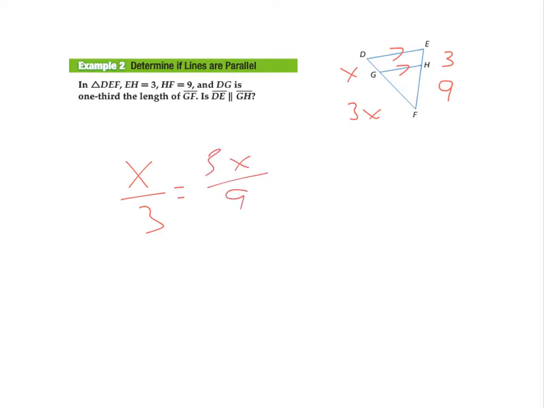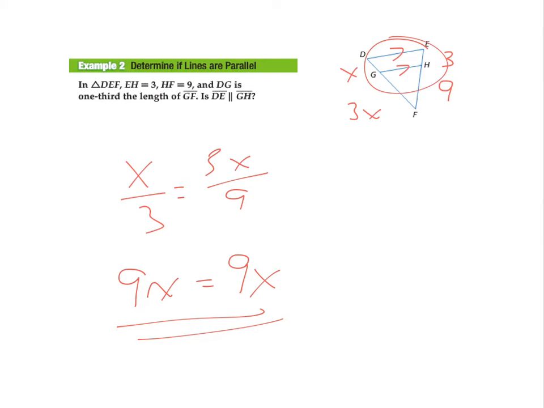Let's cross multiply and see if these are proportional. 9 times x is 9x, and 3 times 3x is 9x. Yes, those are proportional, which means, sure enough, that these lines must be parallel.